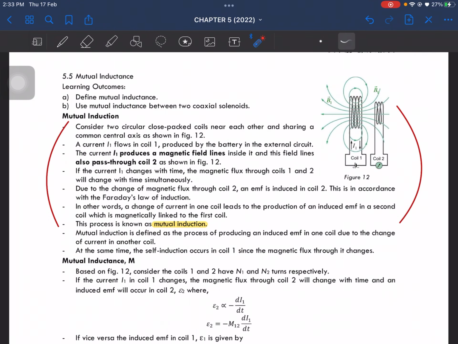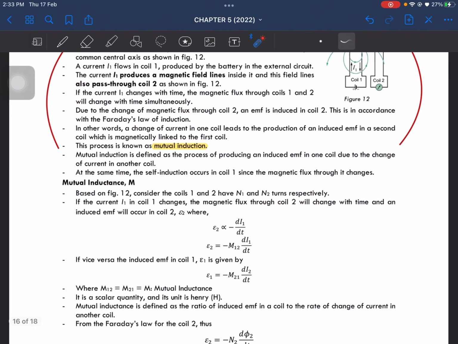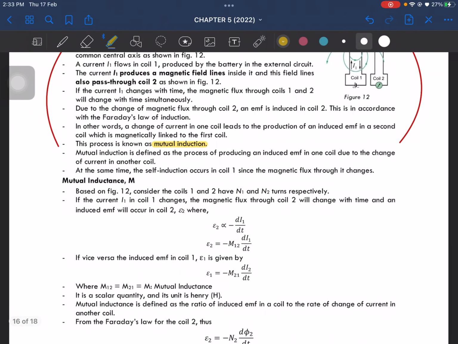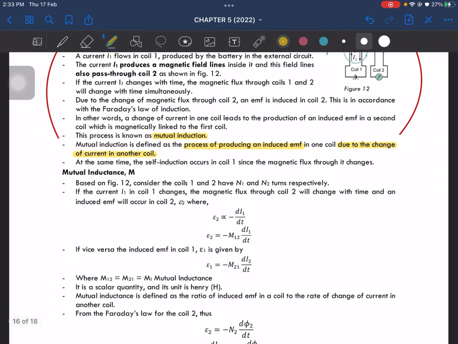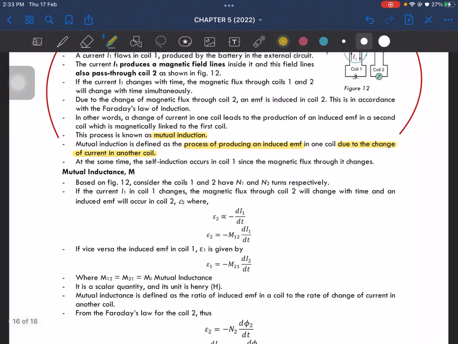That is what we know as mutual induction. The definition of mutual induction is the process of producing an induced EMF in one coil due to the change of current in another coil. At the same time, self-induction occurs in coil 1 since the magnetic flux through it changes.